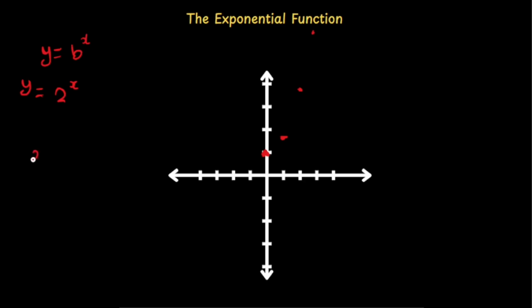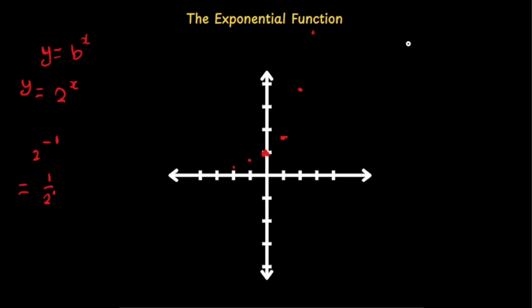Because 2 to the power negative 1 is actually equal to 1 over 2 to the power 1, which is a half. So I'll estimate and put it here. Then 2 to the power negative 2 should be a quarter, so I'll put it there. And this will continue getting smaller and smaller, but it will never touch the x-axis. And that is very, very important, because that tells us that the x-axis is in fact a horizontal asymptote.